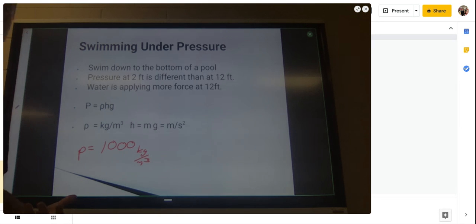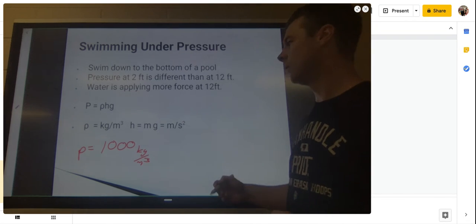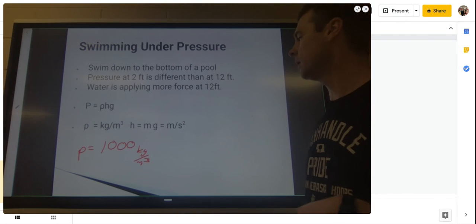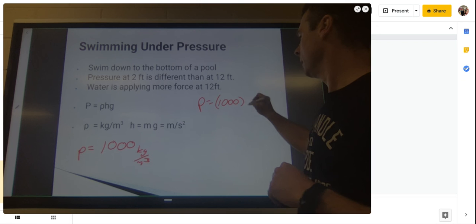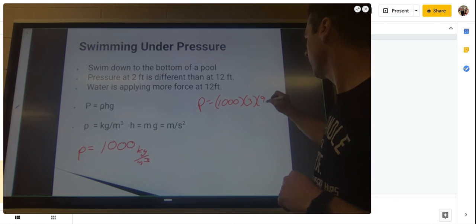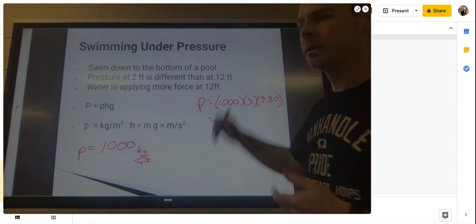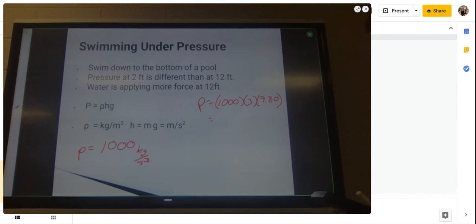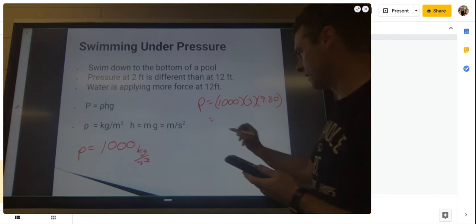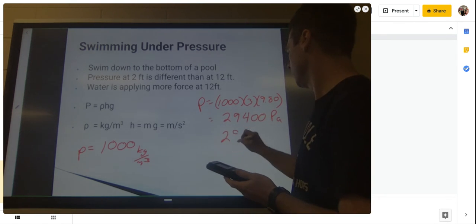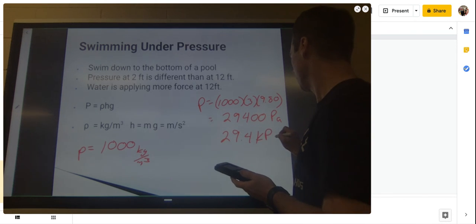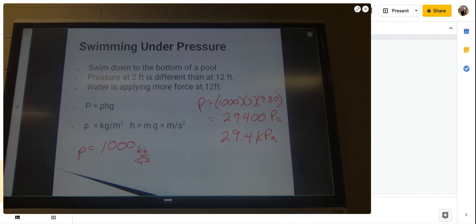So if I descend in a pool and I go down like 3 meters, which is a little more than 9 feet, we have 1,000 times 3 meters, don't worry about sig figs right now, times 9.80. This would be the number of pascals that your body would be experiencing. So we are looking at, like I said, don't worry about sig figs right now, 29,400 pascals. Or, if you don't like that, 29.4 kPa. So, pretty beefy.